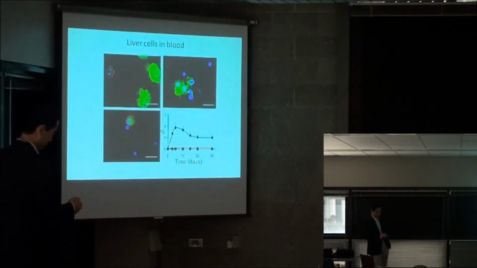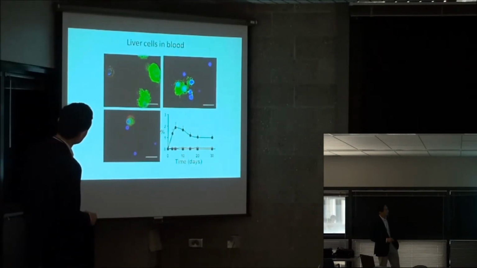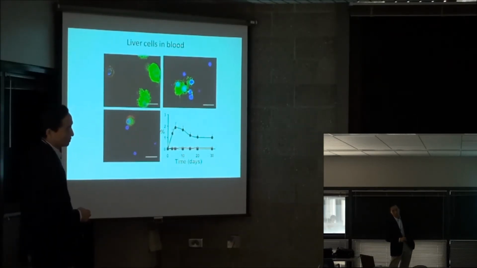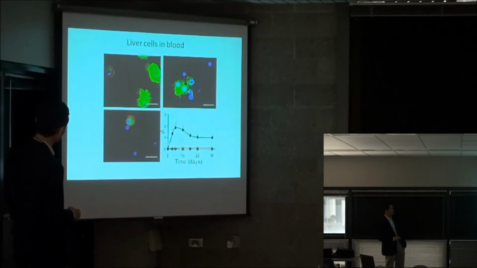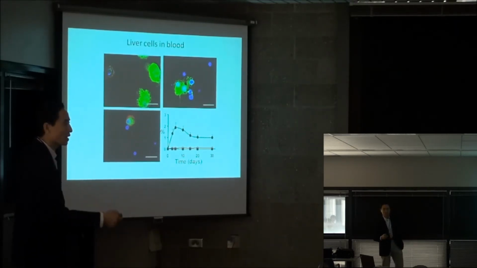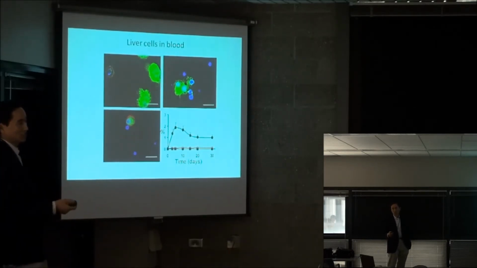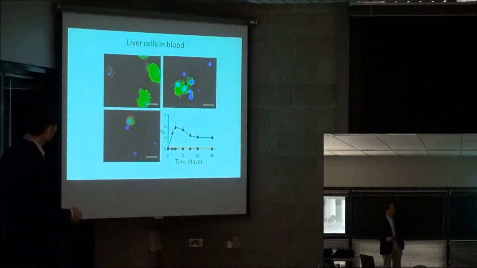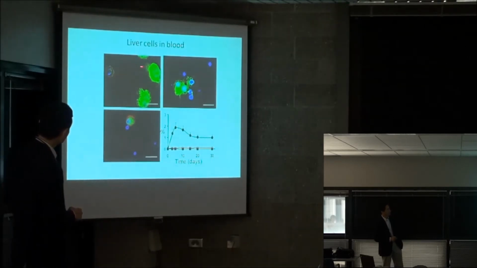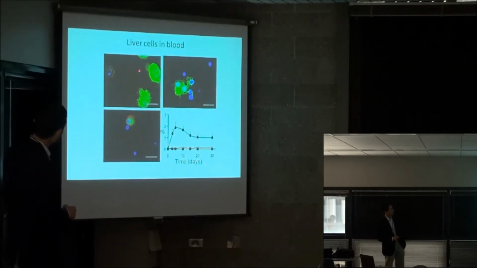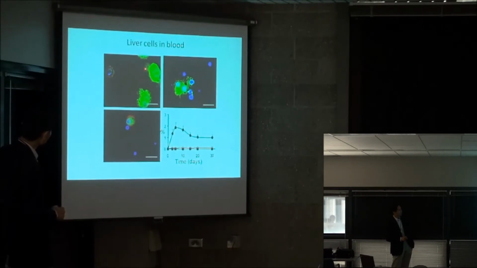So next, this slide shows the appearance of liver cells within circulation. This panel shows the liver cells directly isolated from liver. You just inject collagenase into liver and mechanically dissociate liver cells. And I would like to show you that there are 2 cells you will mostly see in liver specimens.